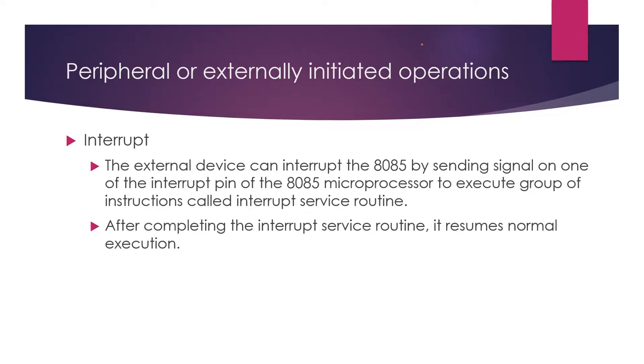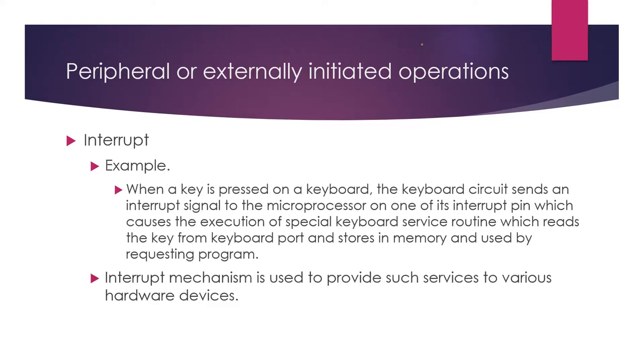Here you just have to know what an interrupt is. Interrupt means any external signal given by an external device, which makes the microprocessor execute a group of code called the interrupt service routine, and after completing it, it resumes normal execution. The microprocessor executes the interrupt service routine.